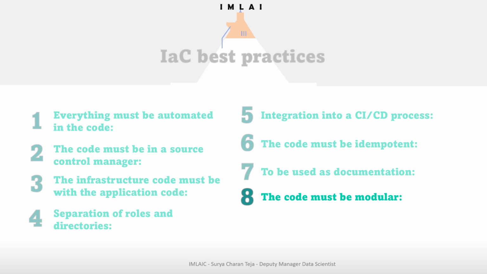And the eighth one is that the code must be modular. In an infrastructure, the components very often have the same code. The only difference is the value of their properties. Also, these components are used several times in the company applications.